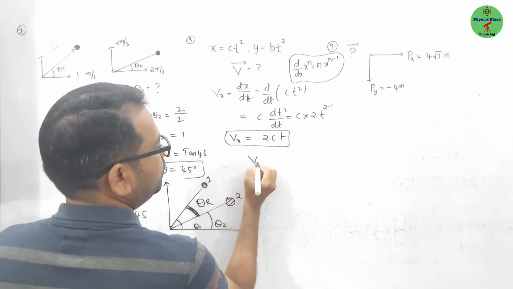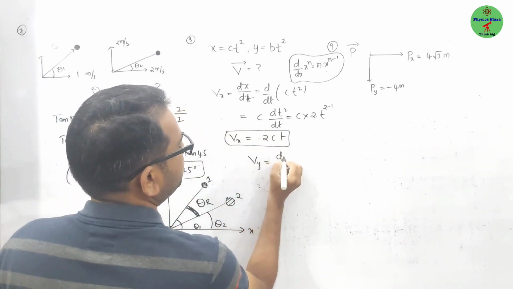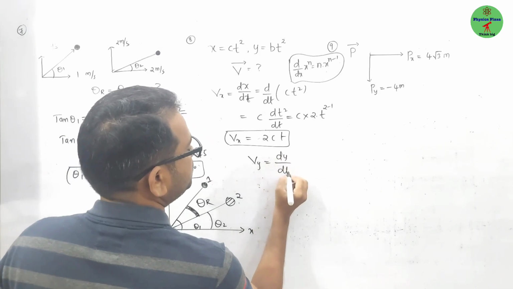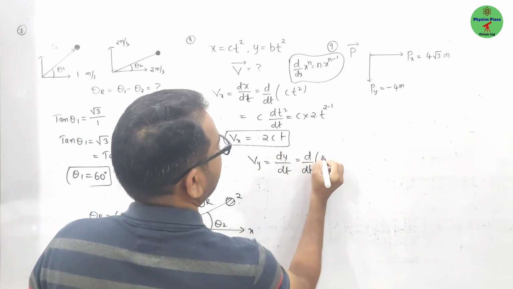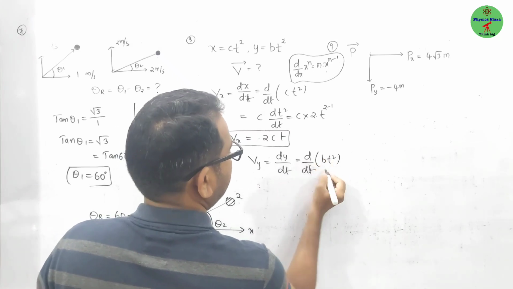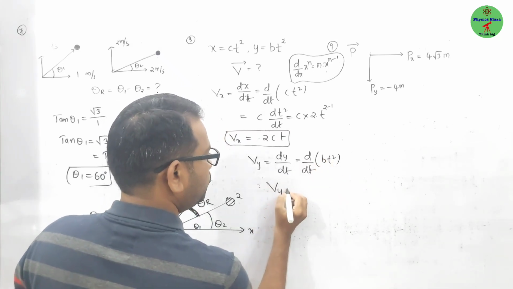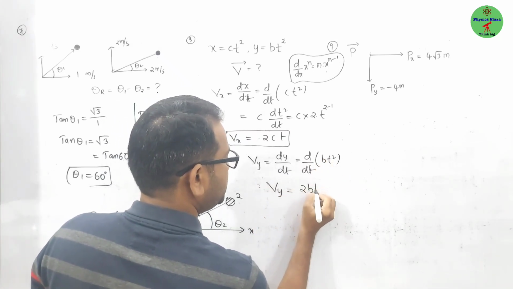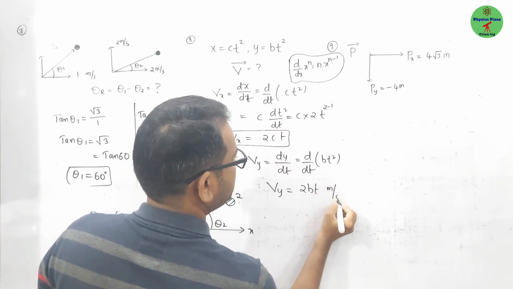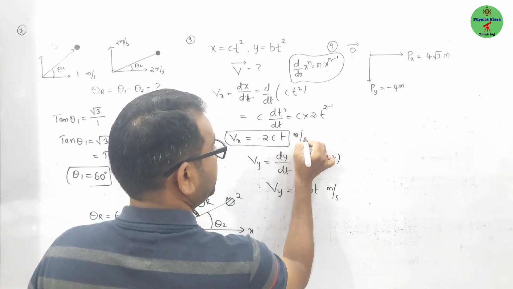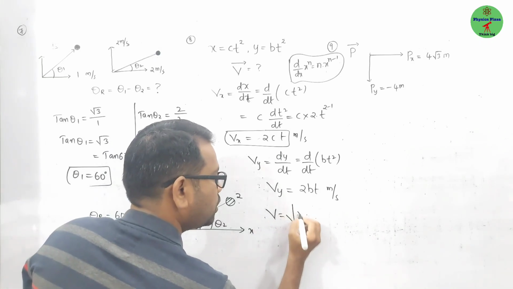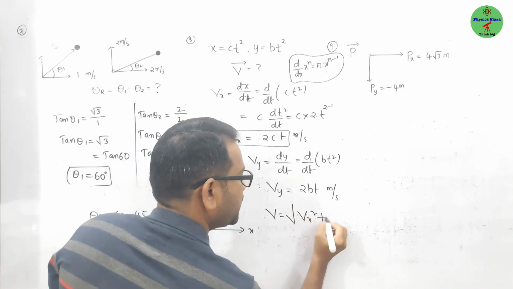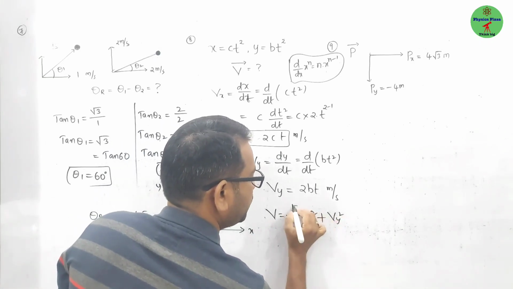Similarly, the vertical component is going to be dy by dt. So this is d by dt of y, which is given as bt square. So this is also going to be directly what, children? 2bt meter per second. Yes, here also let us write meter per second because it's a velocity. Now for the resultant, v is equal to square root of vx square plus vy square.